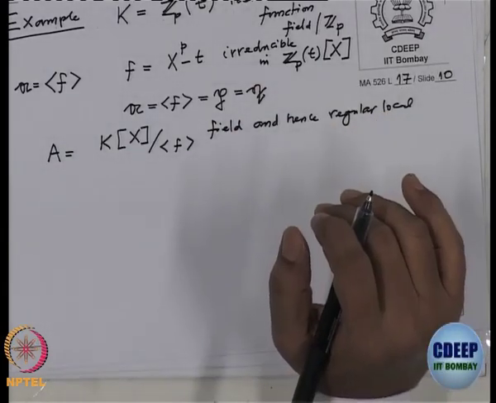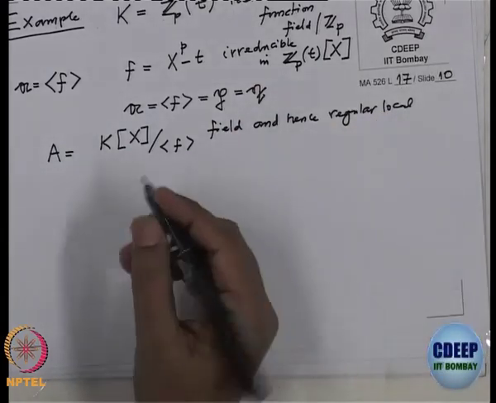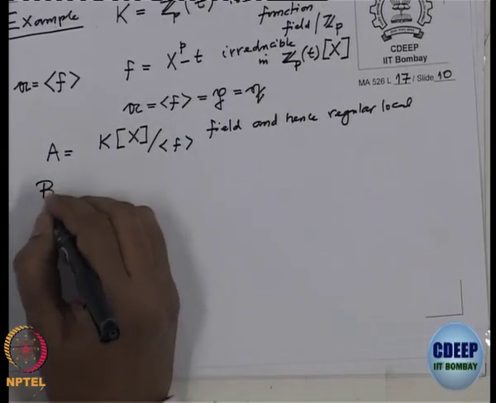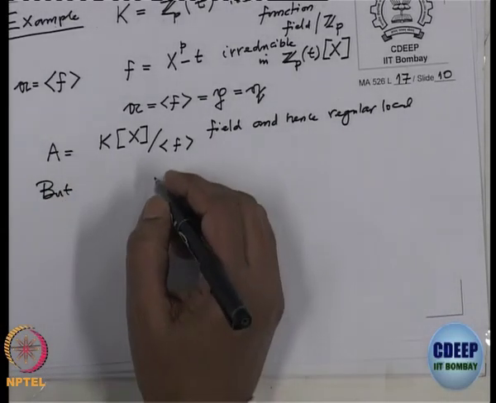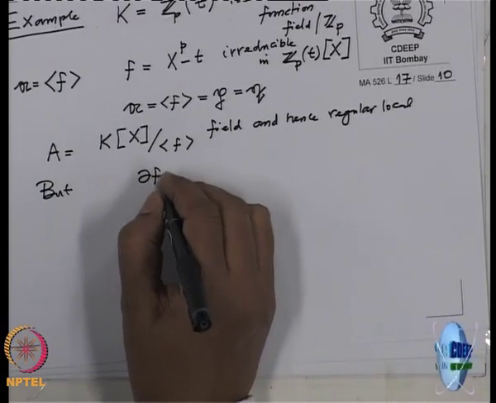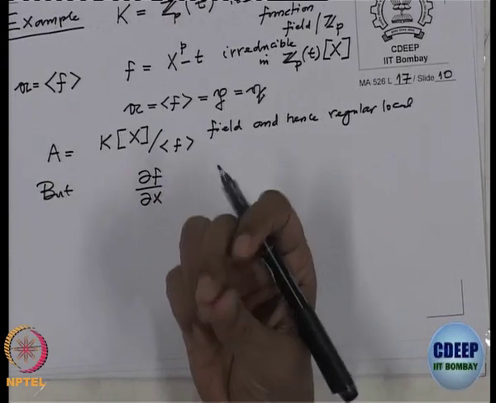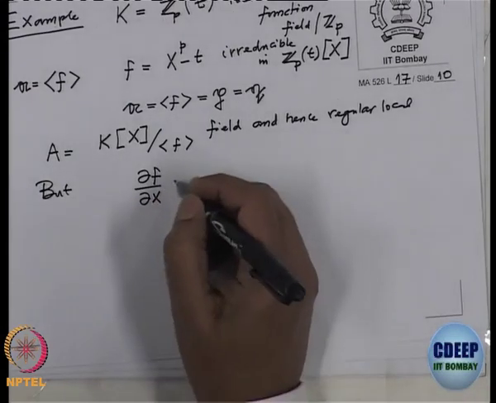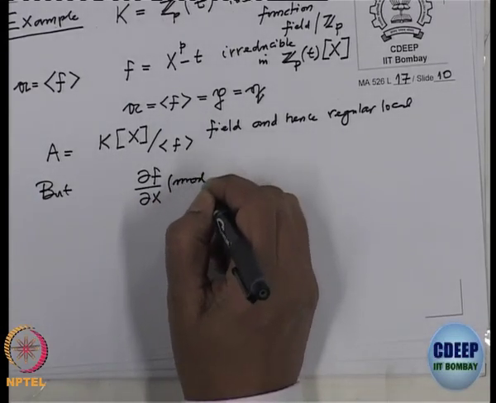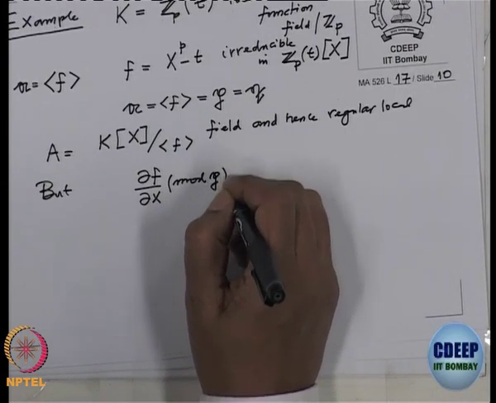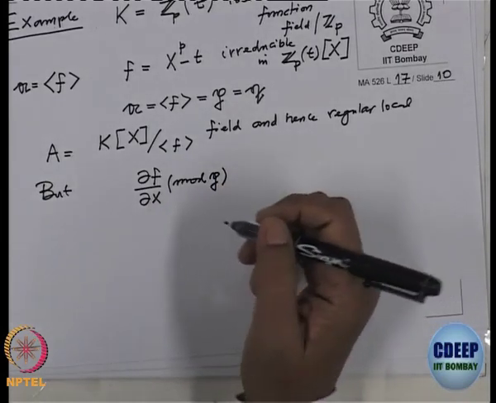Now, let us see the Jacobian matrix and the rank. The Jacobian matrix is now df, there is only one equation, so only one entry. So, this is a 1 cross 1 matrix, and this I have to read mod P, right.